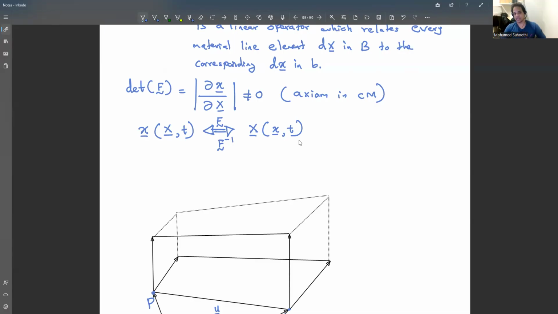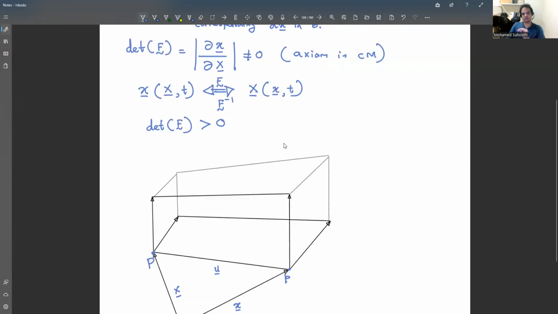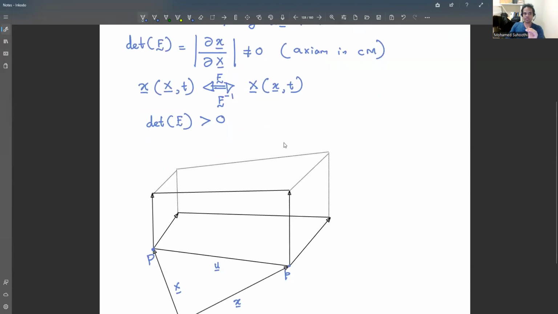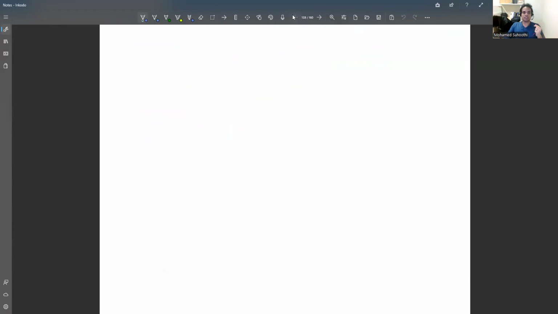Another point is also very important. The determinant of F we consider greater than 0, not just not equal to 0. Why do we consider greater than 0? Because if it is greater than 0, what is happening actually?